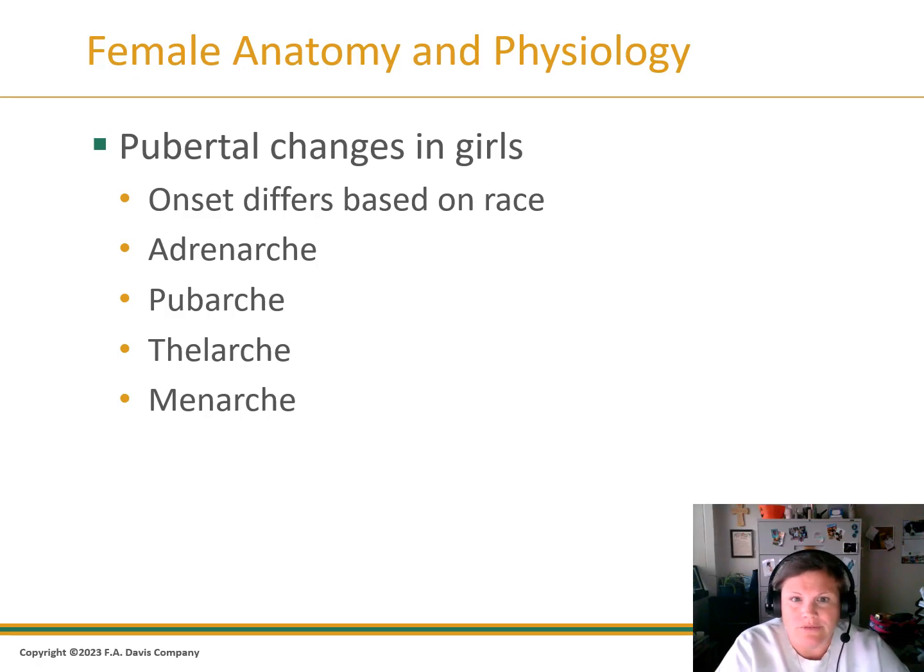Some important medical terms to learn have to do with when and the condition of those puberty changes. Adrenarche refers to when the adrenal gland starts to produce sex hormones in the female.